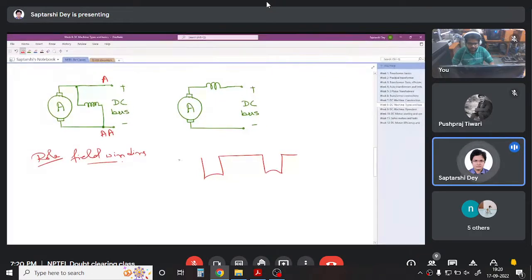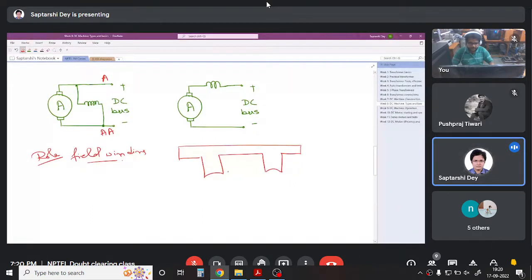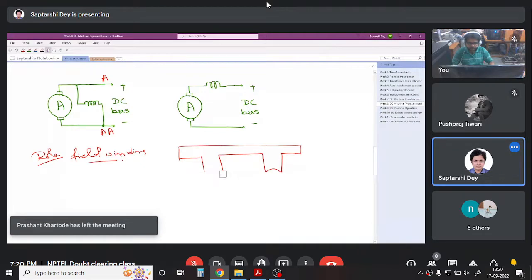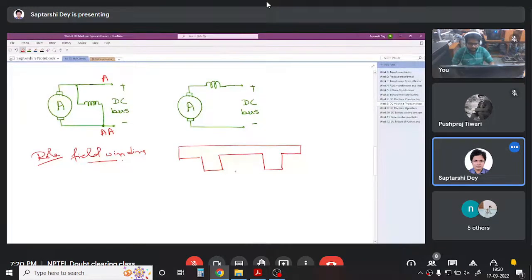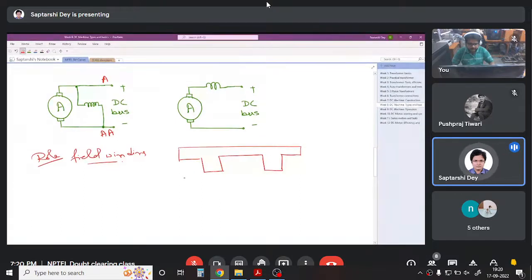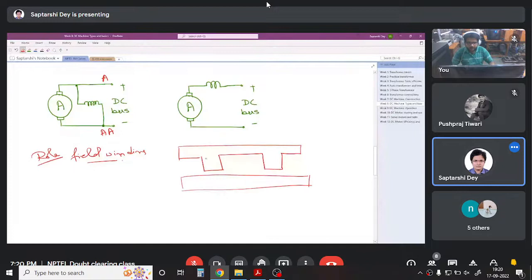Easy to understand, easy to draw, easy to write equations. In developed view they are flat topped. This is the field, this is the armature, say there is a rotor, and the field windings are here, they create flux and create magnetic field inside the whole body. So the role of it is creating magnetic field.